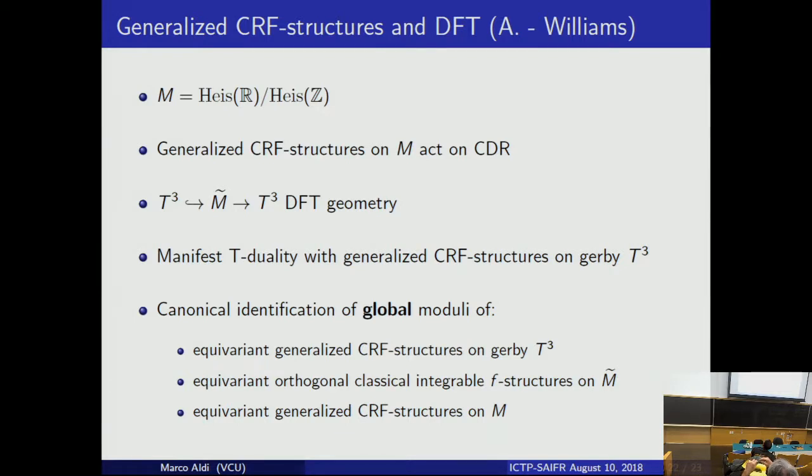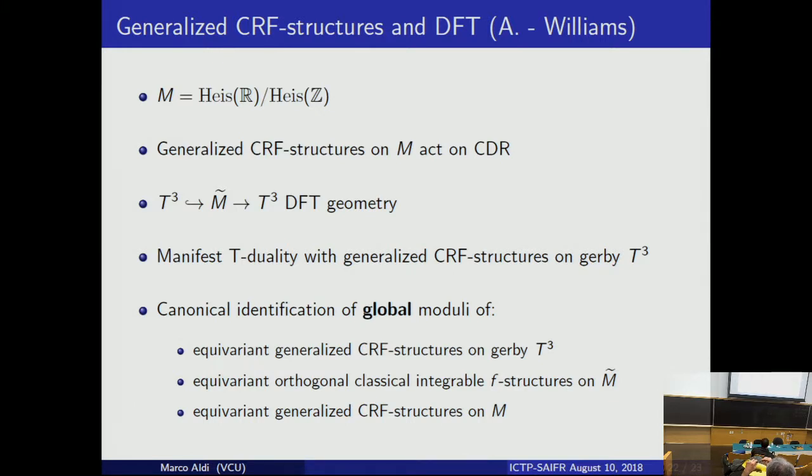You look at the double twisted torus, like the double field theory tells us to do, and then you have manifest T-duality between generalized CRF structures on the Heisenberg Nilmanifold and generalized CRF structures on this 3-torus twisted by the 3-form flux.